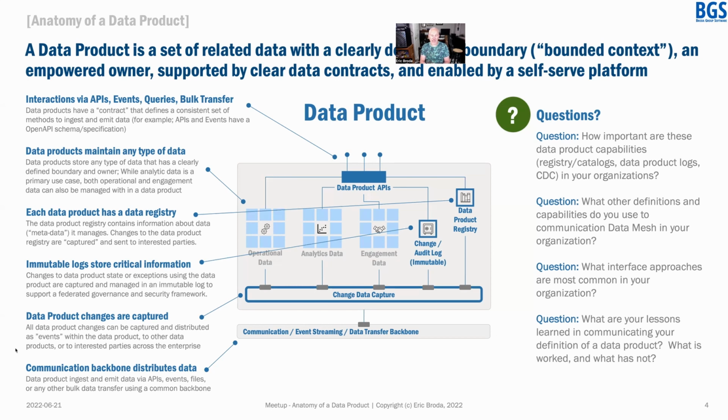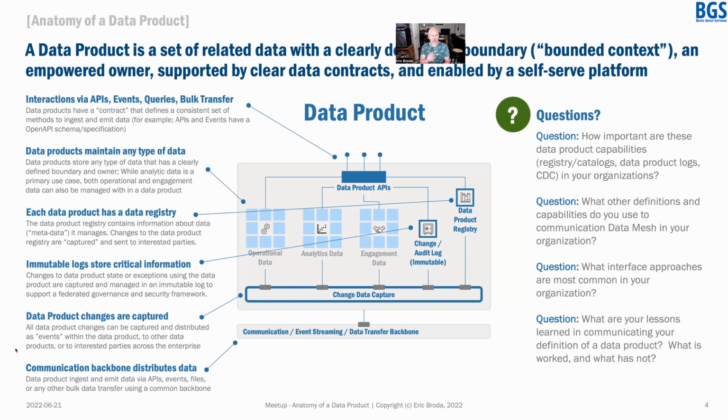Now, obviously, analytical data has been the primary focus, and for a very good reason. That's where we need to pay most of our attention. So when you think about a data product, most times we think of analytical data inside the data product. But like I said, the guiding principles, as Zhamak has highlighted, could apply just as well. And I've seen with my experience, they do actually apply reasonably well for just about any type of data.